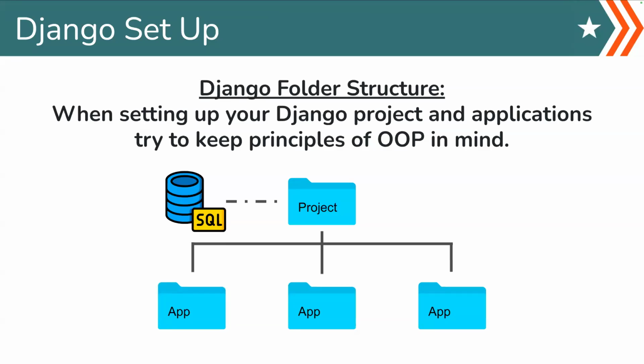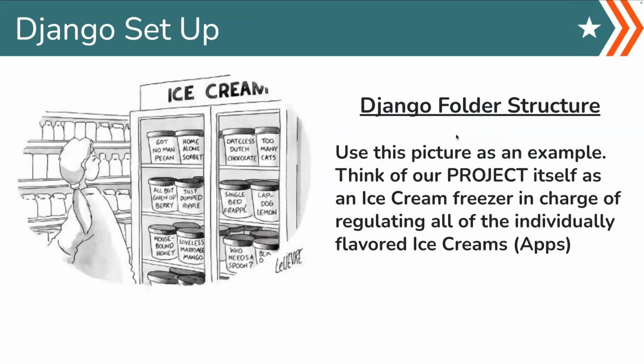You can think of it sort of like containers of ice cream in a freezer. If the project is the freezer, the different flavors of ice cream are each a different app. Today and probably tomorrow, we just need one app. As stuff goes on, they'll get a bit bigger, right? And so the project is the freezer, but then all the good stuff is in the individual containers.